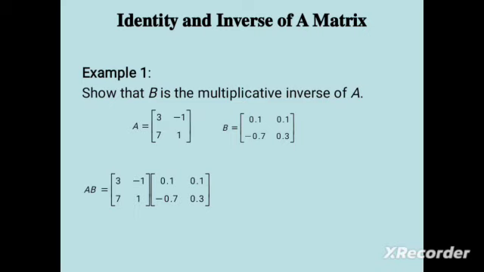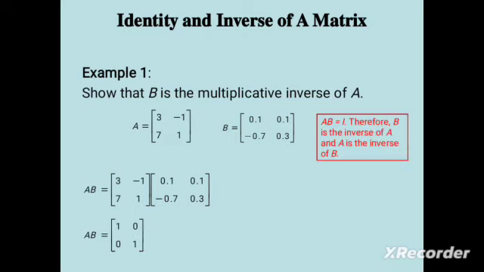So if we find AB, because we know that when we multiply them together we are going to get the identity, then that means B is the inverse matrix. So AB is equal to I, that is the identity.